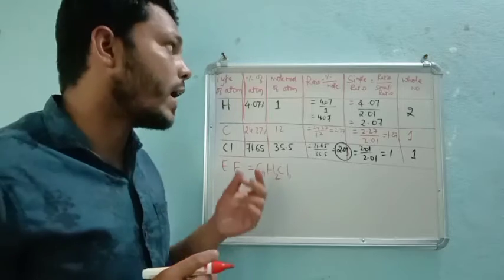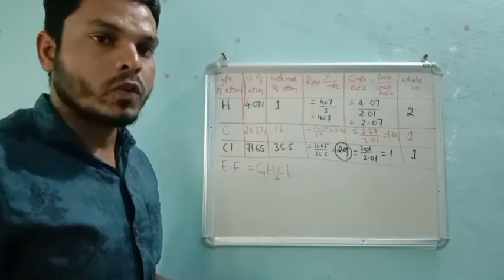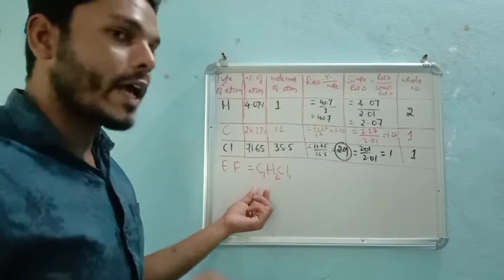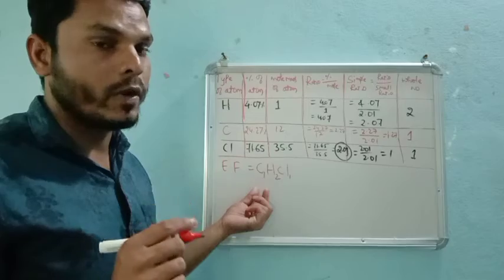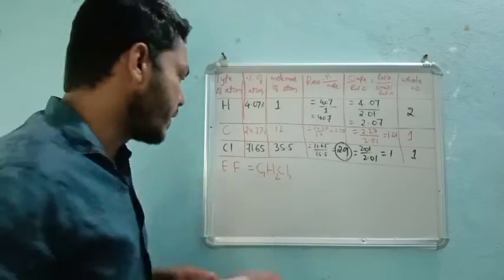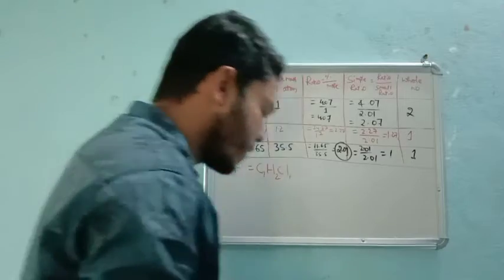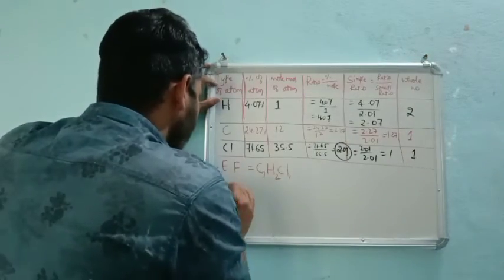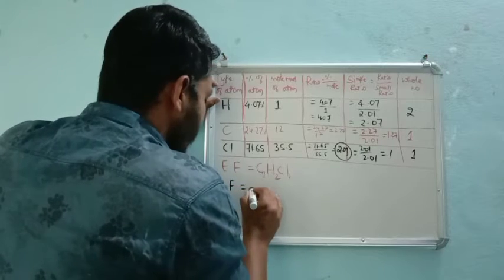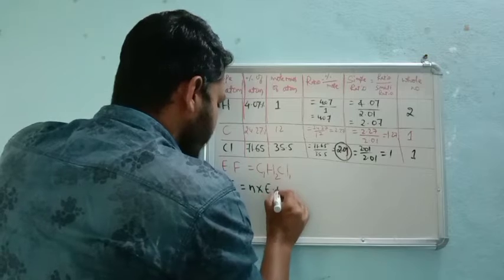But they have asked about the molecular formula also. For calculating the molecular formula, what do we require? The N value. I will write the formulas and later go for the explanation. For the molecular formula calculation we require N into empirical formula, right?